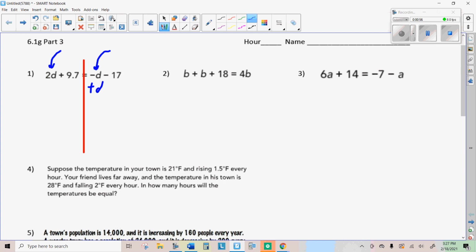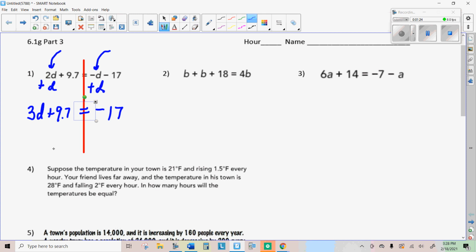Remember, there's an invisible 1. So if we add negative 1d plus 1d, we're going to get 0 d's, which is 0. So that'll give me negative 17 on this side. And then on this side, whatever you do to one side, you have to do to the other. So I'm going to add the 1d over to there, and that makes 3d plus 9.7.